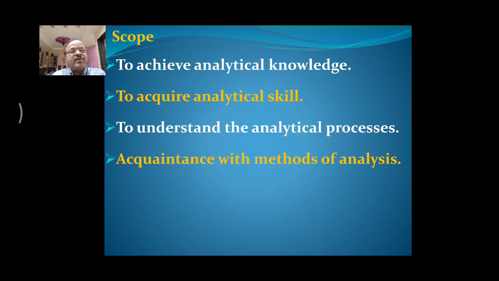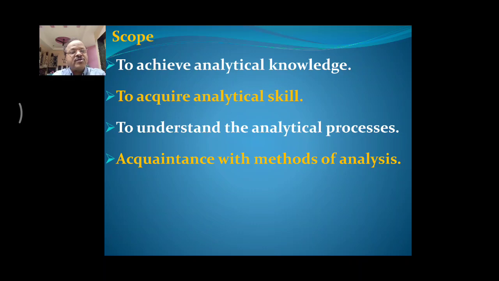This is how we arrive at the structure of an organic compound or the elements that are present in it. For all these analyses, we need to adopt some methods. Particular methods are there for the analysis of particular elements. So here we get familiar with the different methods of analysis.